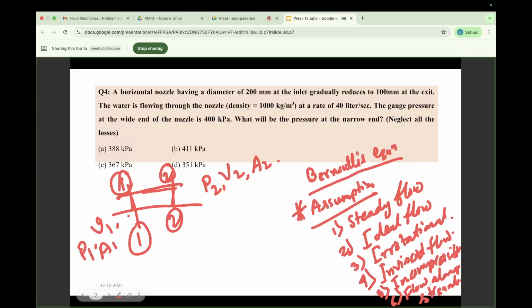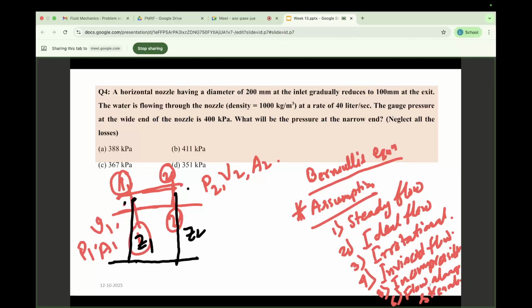Also, I am taking another line. Say this black line represents the ground. The distance of point one from the ground is Z1, and point two is Z2, slightly above Z1.